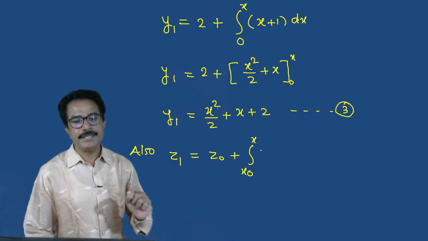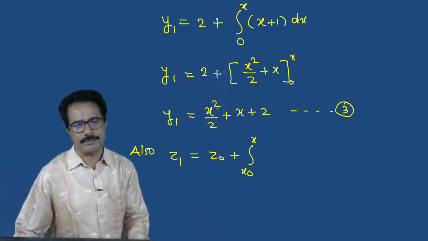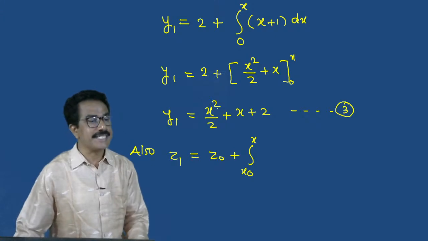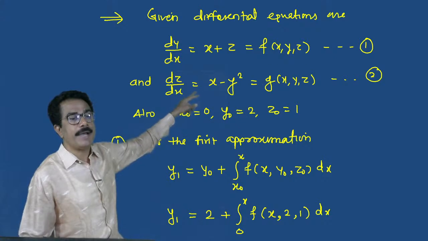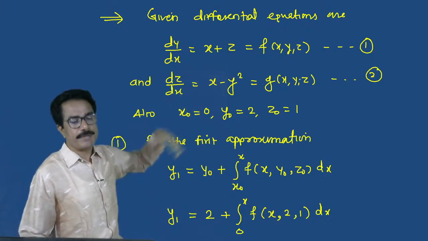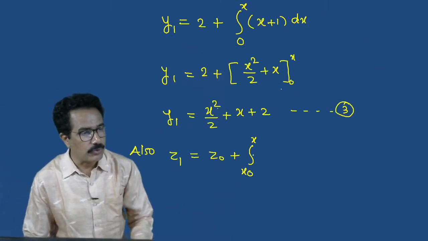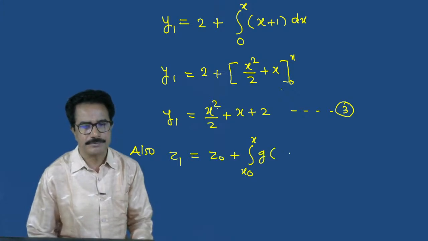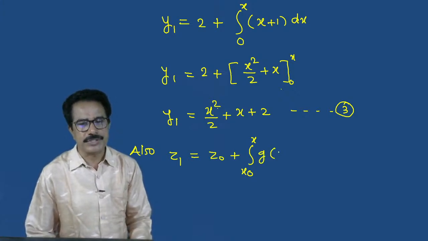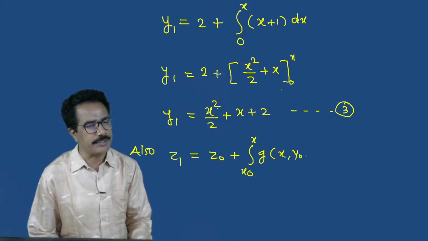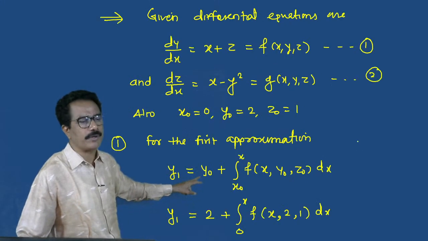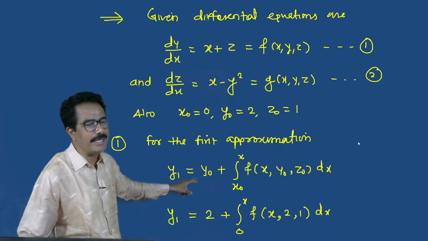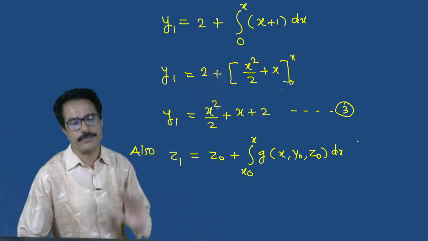Okay, now think a little about z. z is expressed in terms of g. Look here, z is expressed in terms of g. We have to write g of x comma y0 comma z0. That means the same process for the first approximation which we have used for y1, you have to use for z1.